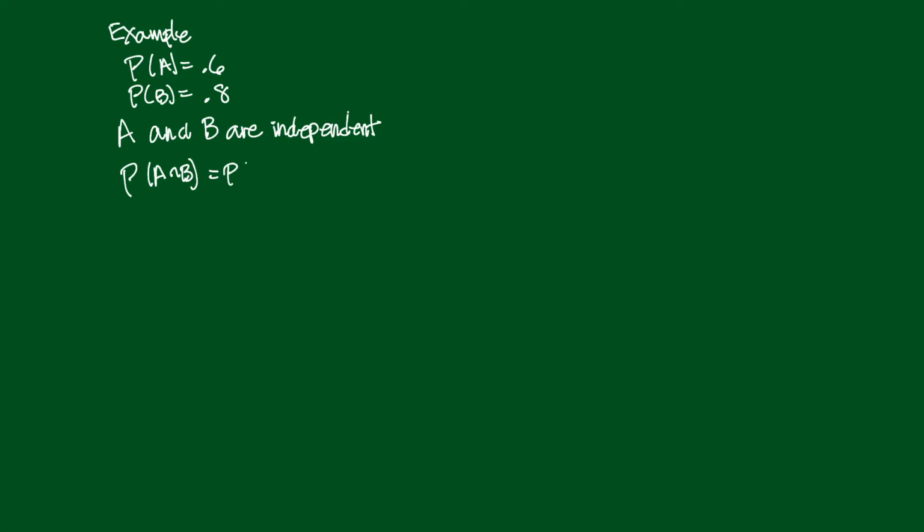Since they're independent, I can multiply those individual probabilities together, 0.6 times 0.4, getting 0.24. So if there's a 60% chance that A occurs and an 80% chance that B occurs, there's a 24% chance that both of them will occur.